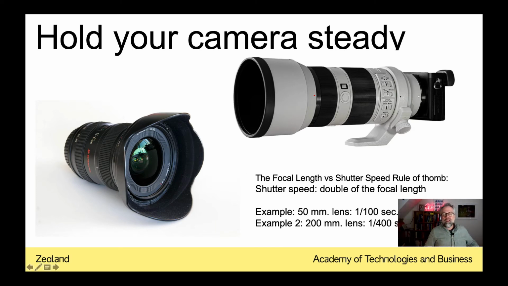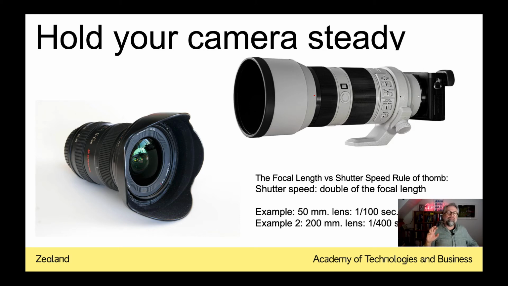So I took here some examples. If you have a 50mm lens, you should always double the focal length, so that if you have a 50mm lens, you should have a shutter speed of at least 100th of a second, or with a 200mm lens, 400th of a second.